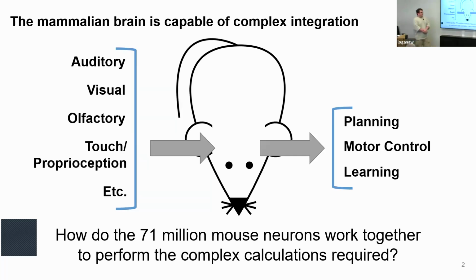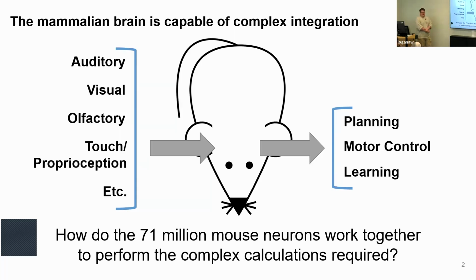But ultimately, and this has been changing over the last couple of years, there are still a lot of questions about how you have 71 million different individual neurons inside of the mouse brain. How do they all work together to actually accomplish a goal? And this question is becoming even more relevant in more recent years because people are trying to understand this further for machine learning applications, for instance.